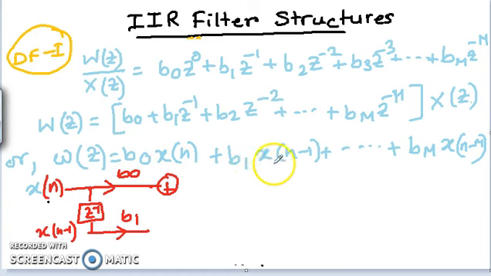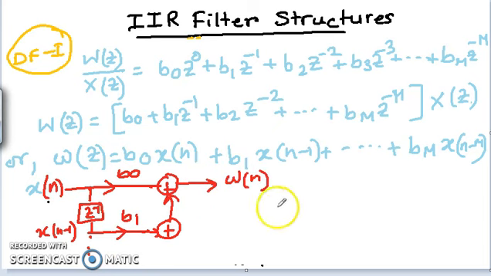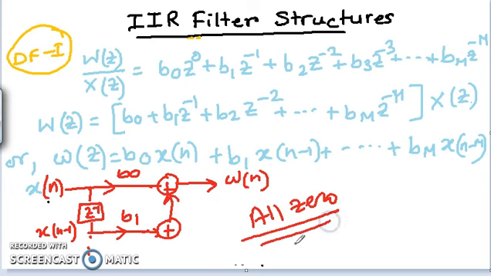Similarly, this delay element will be again added up with the next delay element along with the multiplication of the coefficient. In this way, we can get the whole structure up to bM, and these values will give us the value of w(n). So this will be the structure for the all zero system, for direct form 1.